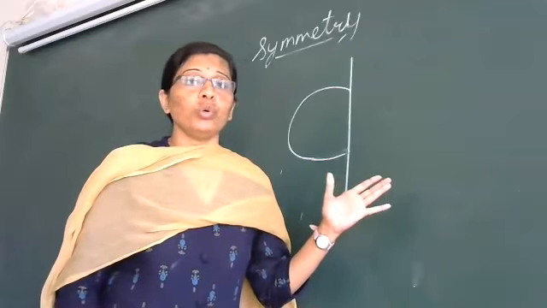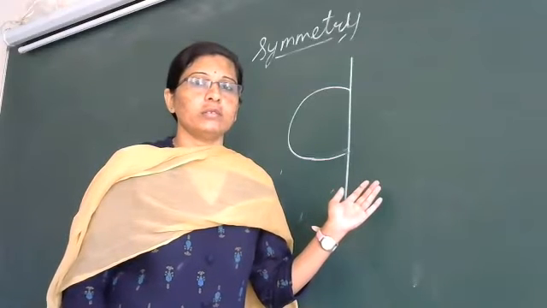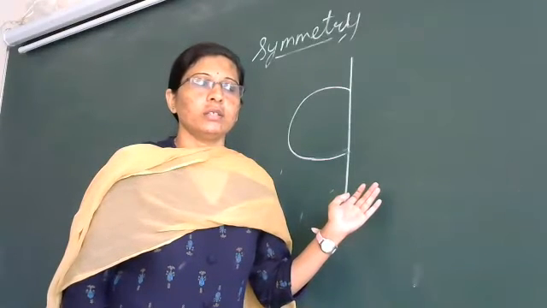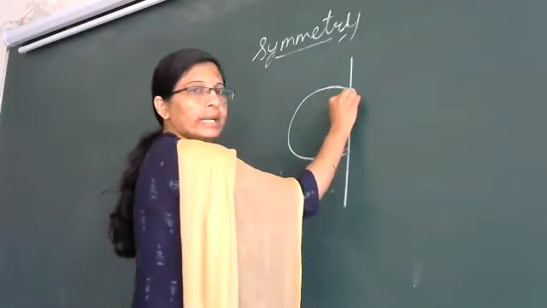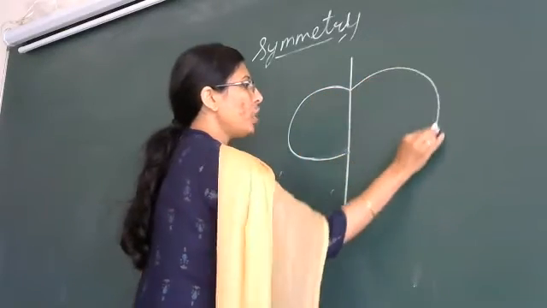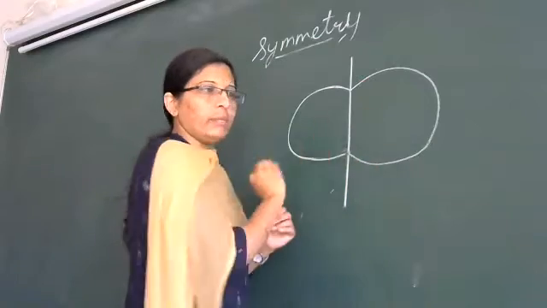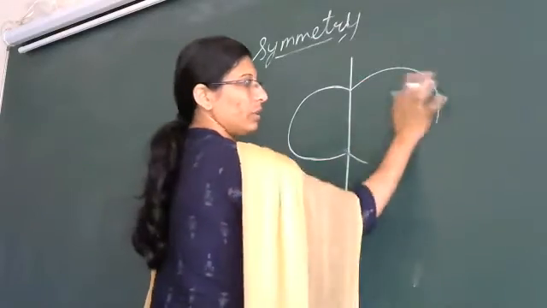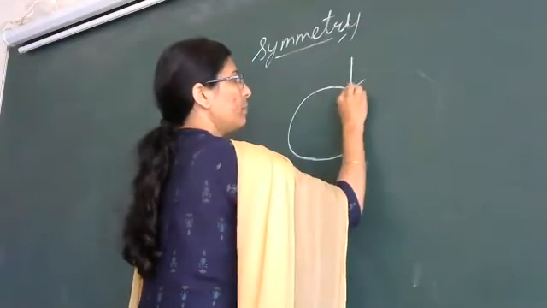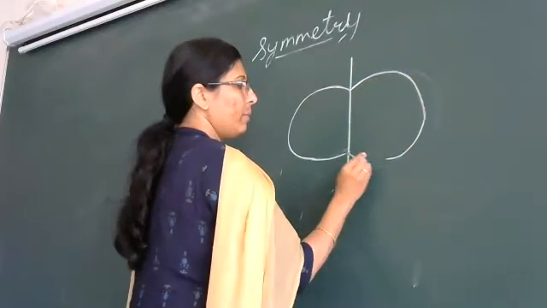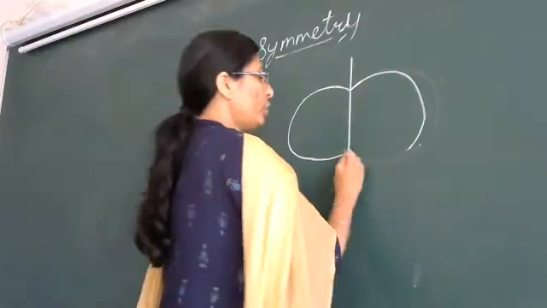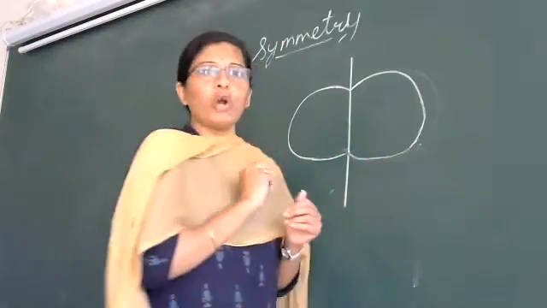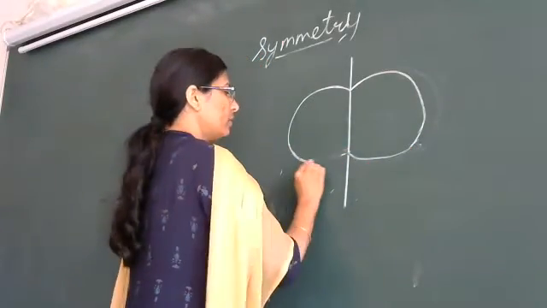So how to do it? This side, same. You have to make it like that. This side should look the same. You have to try to do the same on both sides.